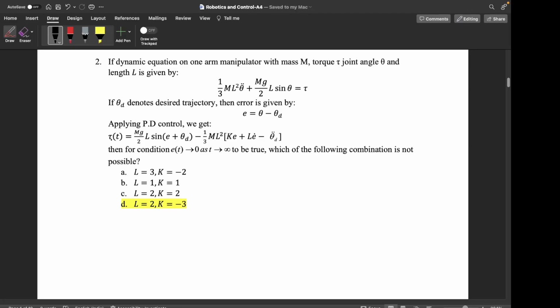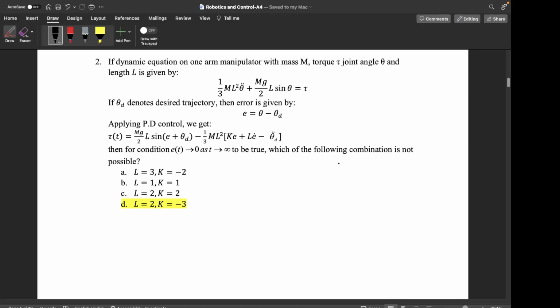So the question says that the torque value that we would apply looks something like this. Basically we are replacing theta with e plus theta d, right?